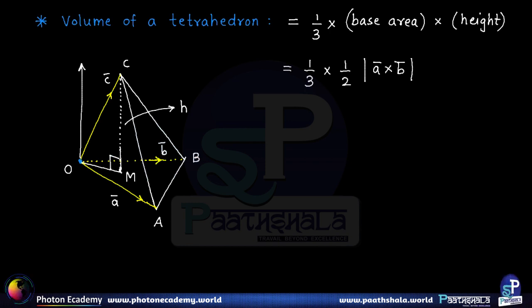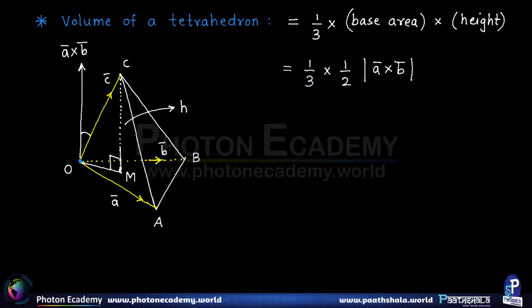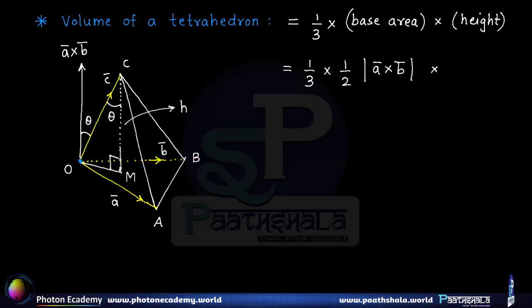Now if you consider a vertical direction, clearly the vector A bar cross B bar will lie in this particular direction. And if the angle between A bar cross B bar and C bar is taken to be theta, then the same is the angle between the side OC and the vertical height. So we write the height h. Now we see that height h is nothing but mod C into cos theta.